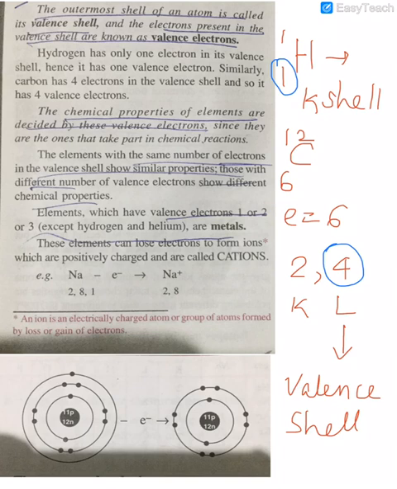So what is an ion? An ion is an electrically charged atom or group of atoms formed by loss or gain of electrons. An ion which is positive is called a cation, for example sodium ion, potassium ion, magnesium ion, calcium ion. A group of ions with positive charge is, for example, ammonium, NH4 plus.